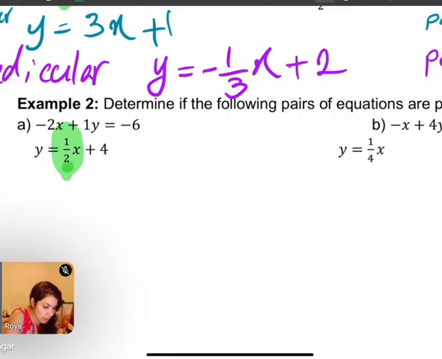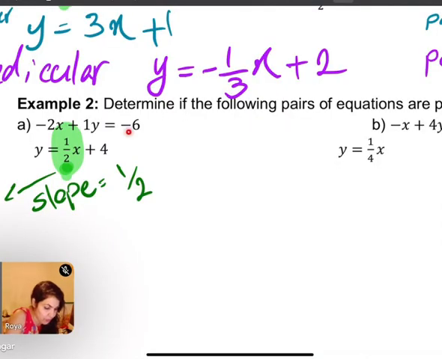The slope here is 1 over 2. But how about the first equation? What is the slope here?